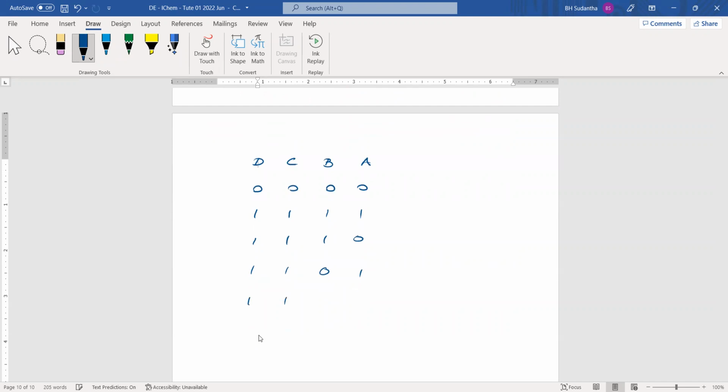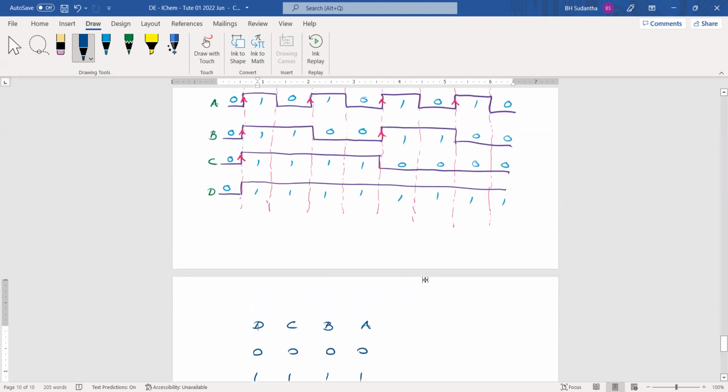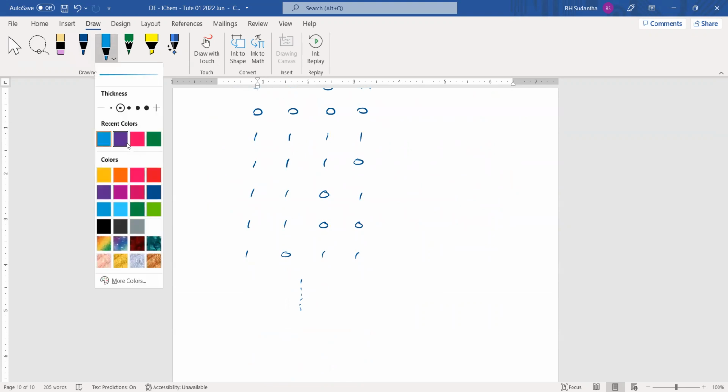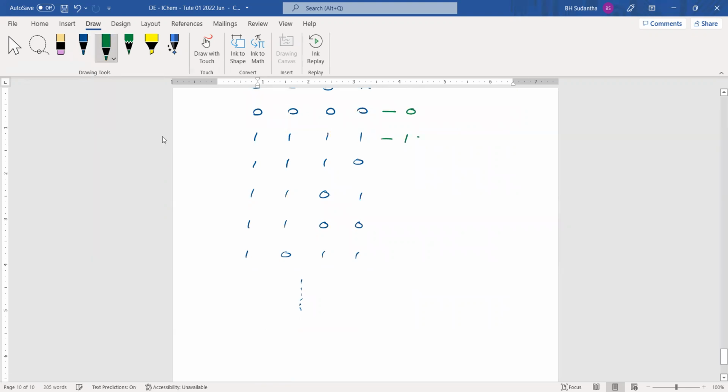And 1, 1, 0, 0. Then 1, 0, 1, 1. What is the last one? It's 1, 0, 0, 0. Okay. You can write like this. Then you can show these are the numbers. This is 0 and 15, 14, 13, 12, and 11.